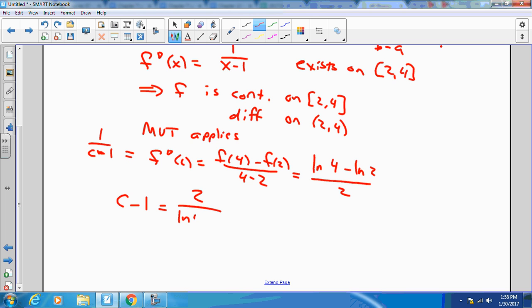We can take the reciprocal of both sides and add 1 to both sides. And because the mean value theorem is so strong, I don't even really need to check that this value of c is in the domain. It has to be. It's the only possible value of c, and MVT guaranteed me c. But if you are interested, as Tony is interested, you can actually compute it.